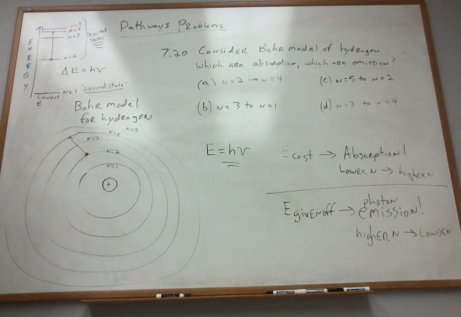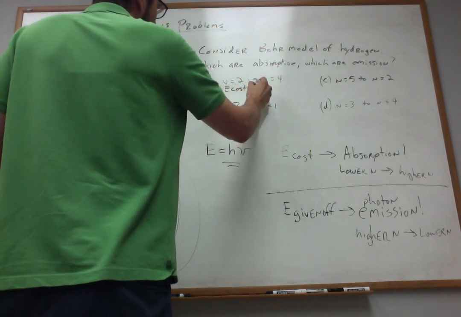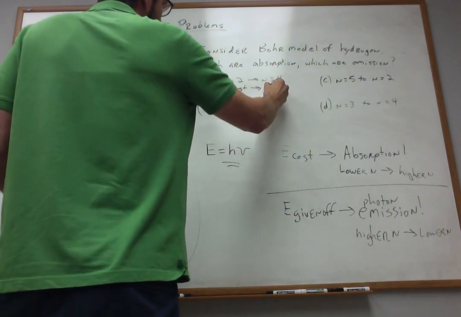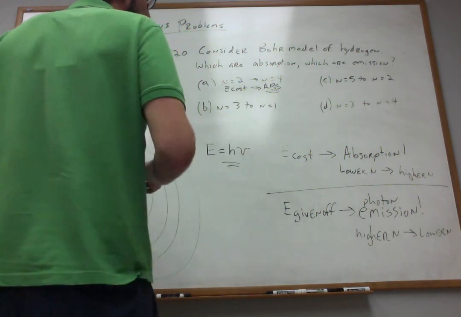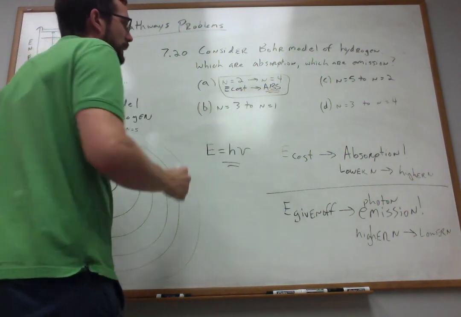That's what we're talking about. Now, does that cost us energy, or do we get energy back? We're going from a lower to a higher. There's a cost. Because of that, this has to be absorption. Okay, so from lower to higher, it's got to be absorption.